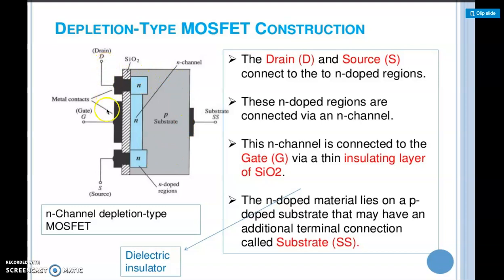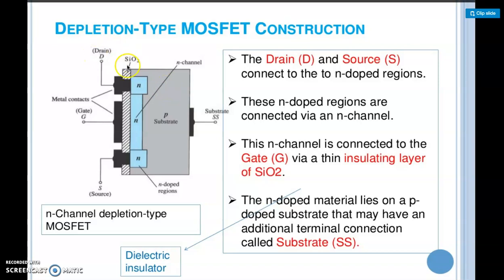Metal, oxide, semiconductor. Hence the name metal oxide semiconductor, MOSFET.